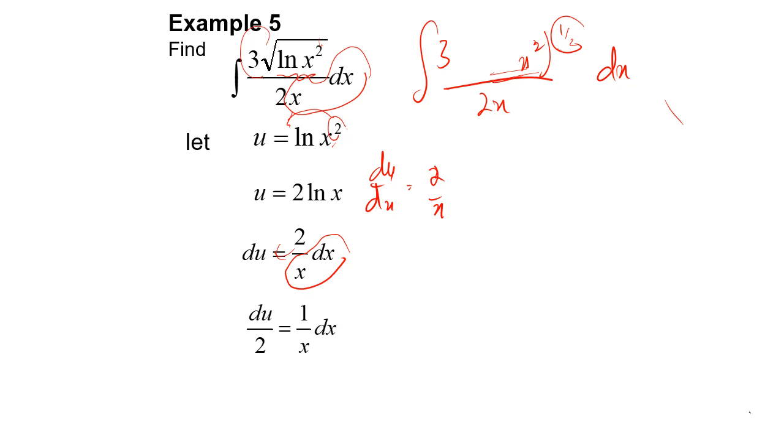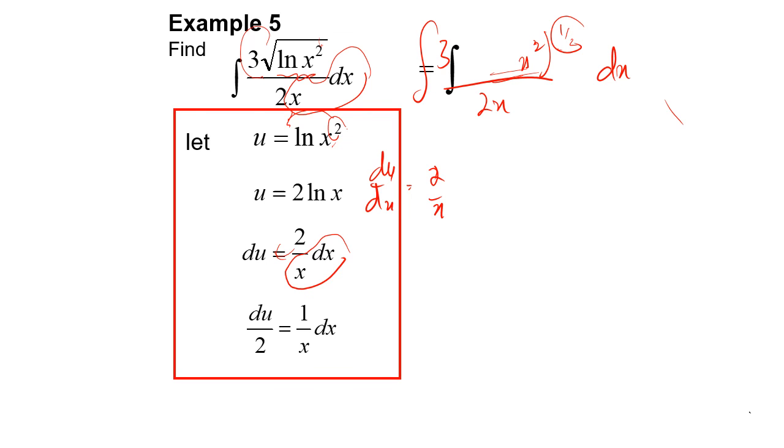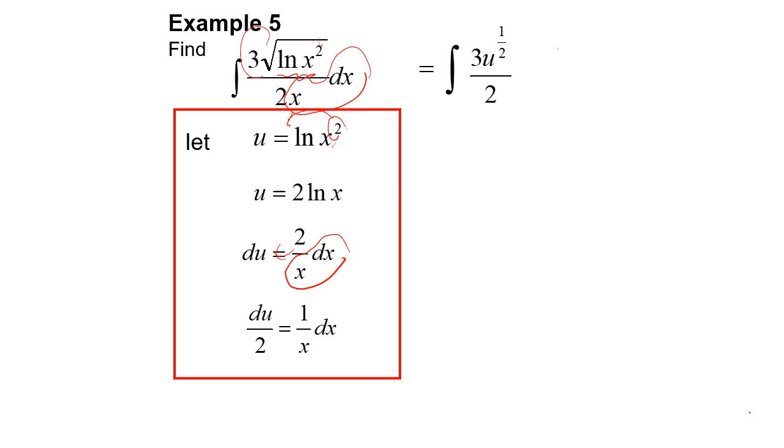How about this 3? Okay, let's see. Okay, so we get 3 of u. So this 3 is just a coefficient, and this 2 is also just a coefficient.